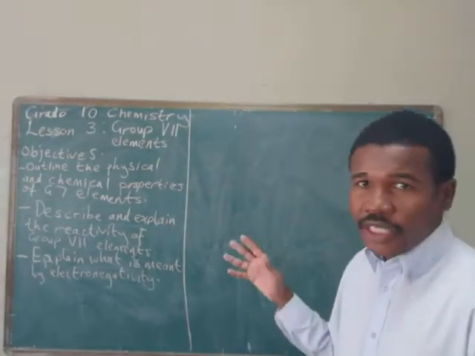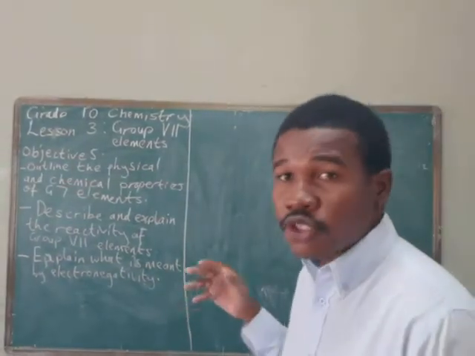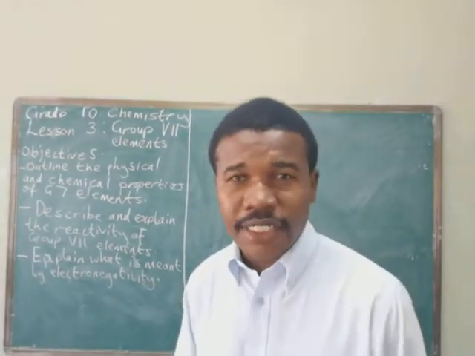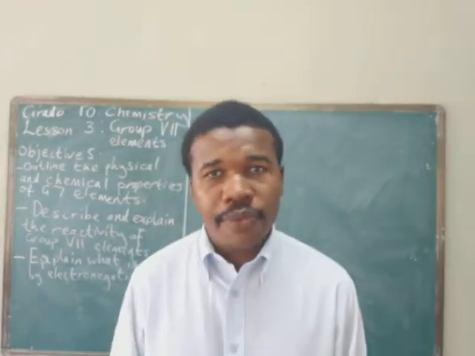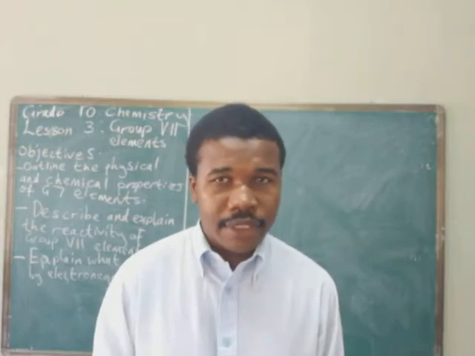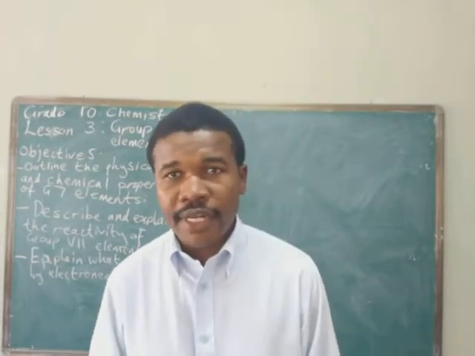So what are the objectives for today's lesson? By the end of the lesson, we want to be able to outline the physical and chemical properties of group 7 elements.